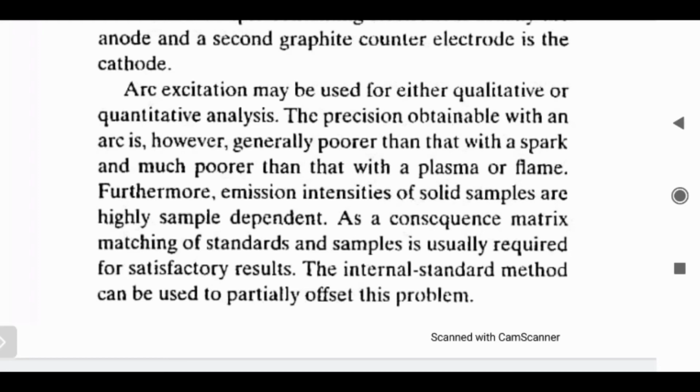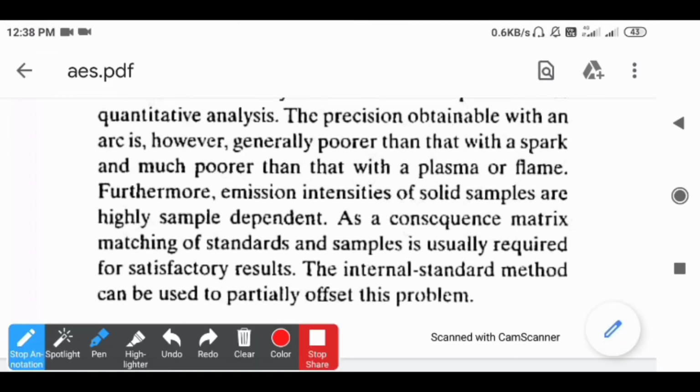Arc excitation techniques are useful for qualitative and quantitative analysis, but the precision is poorer than that of the spark sources. And we have seen that plasma sources or flame sources are quite superior over arc and spark sources, so obviously arc sources are the least superior among all these techniques.